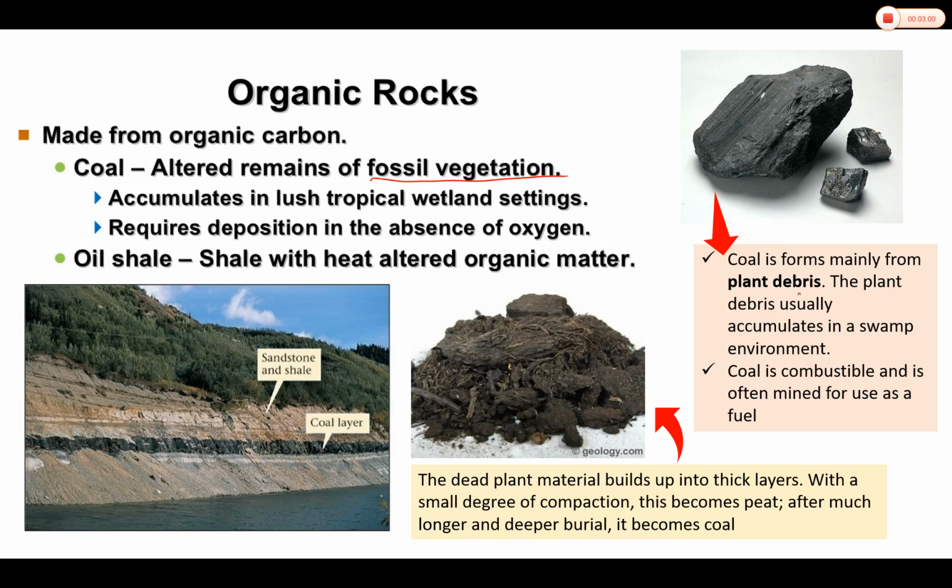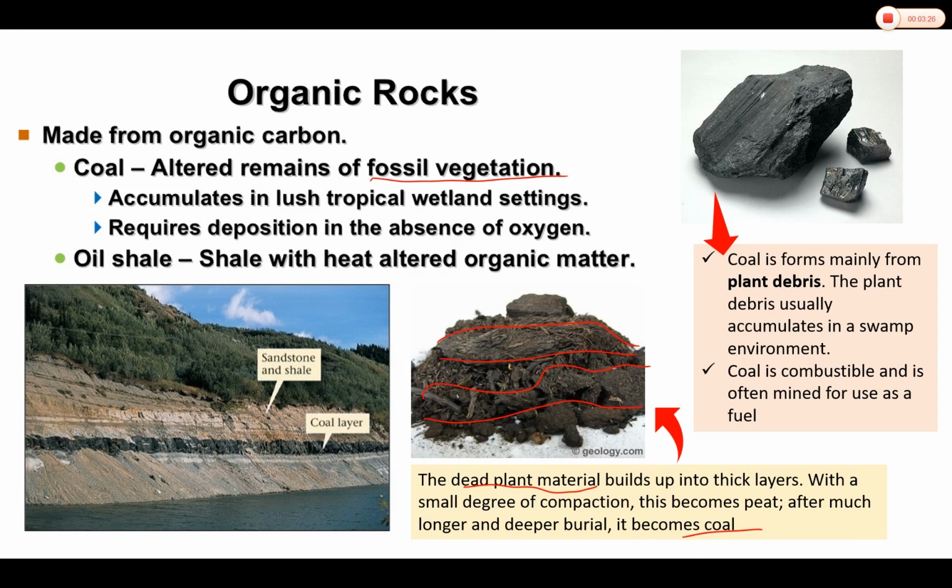The coal is mainly from plant debris, the dead plant materials. They will build up into thick layers. Layering here, layering here. Then it becomes peat, and after much longer and deeper burial, it becomes coal.